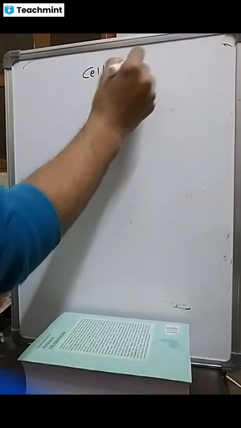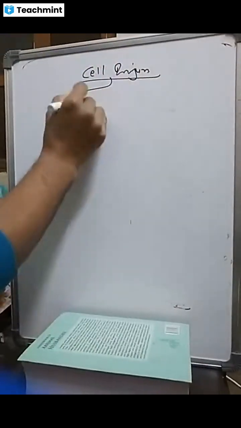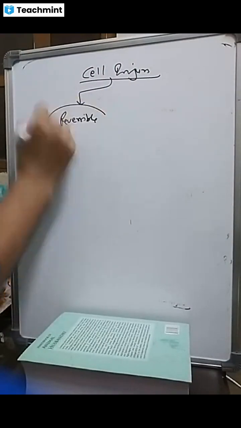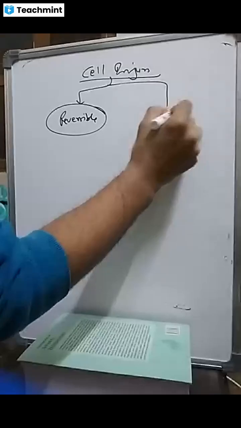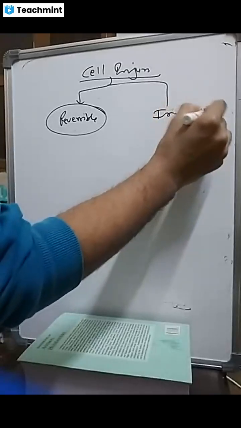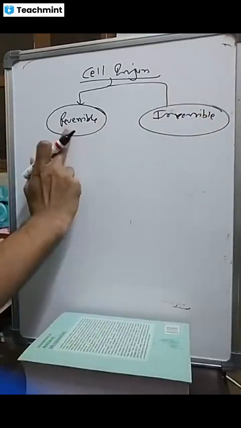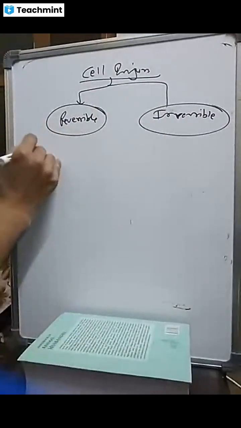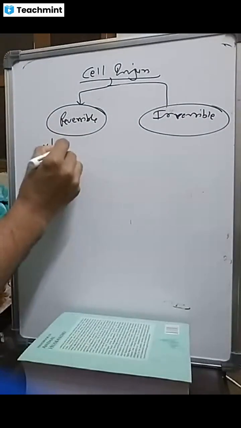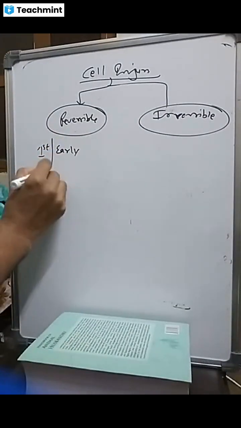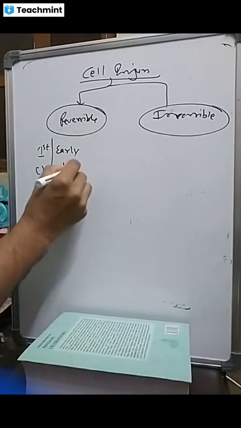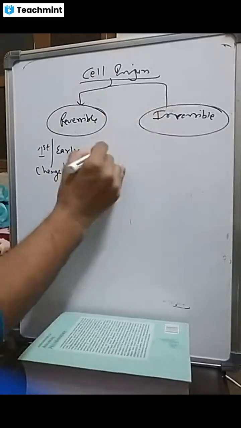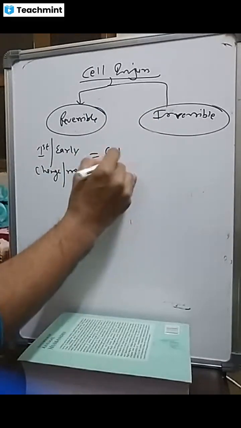Cell injury may be reversible or irreversible. In both cases, the first or early manifestation is cell swelling.